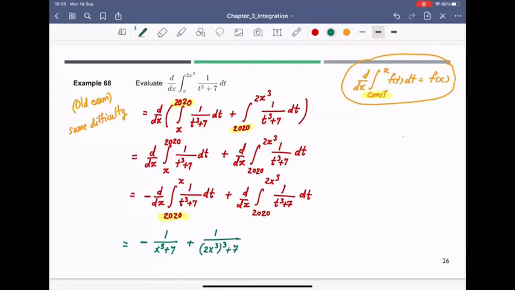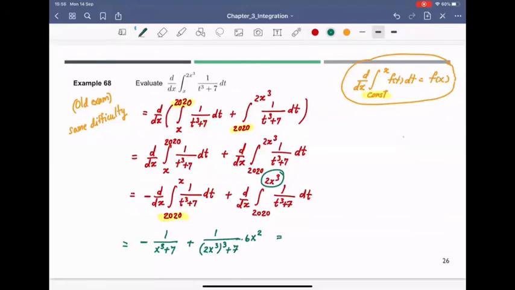However, because this is not just x, I need to differentiate 2x cubed again. So I get 3x squared. No, not 3, 6x squared. Because I differentiate 2x cubed, so I get 6x squared.